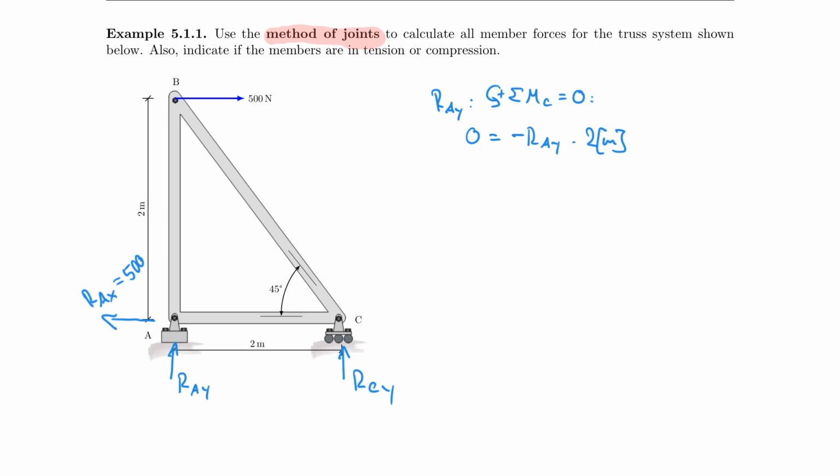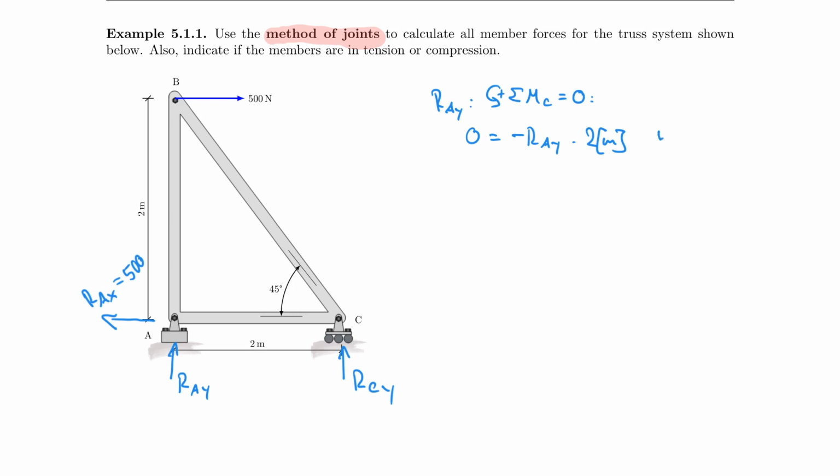Now I would think that I have to include the 500 support reaction, but its line of action passes through the point of C, so I don't have to worry about this. So the only other one I need to worry about is this one, which also happens to have a distance of 2 meters.